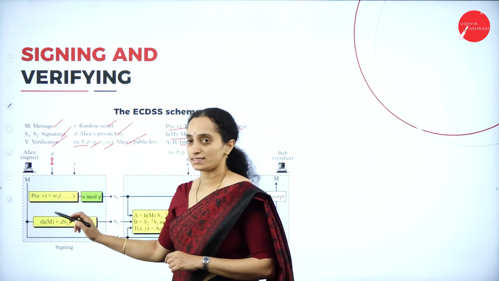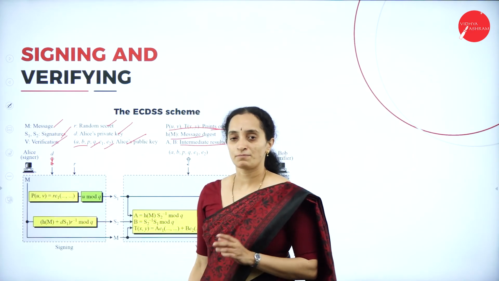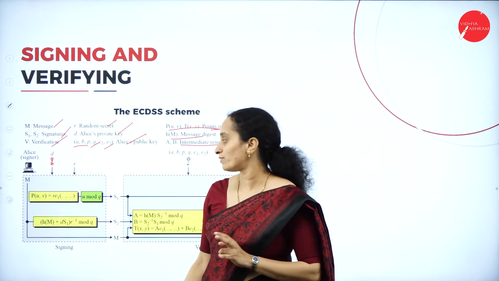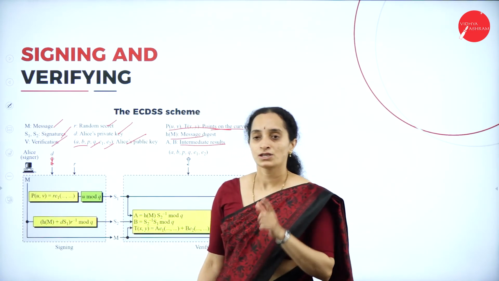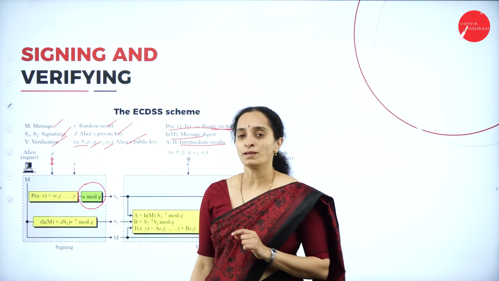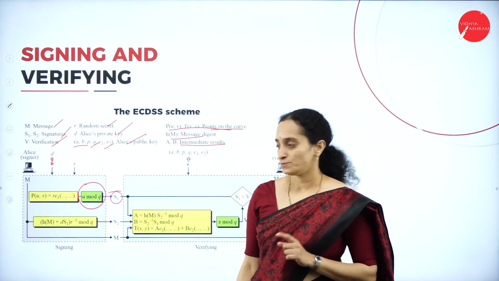We use the expression P of U, V equals the random number into E1, a set of values on the curve will be obtained, for which U mod Q, the message digest hash function will be applied, which gets the signature 1.